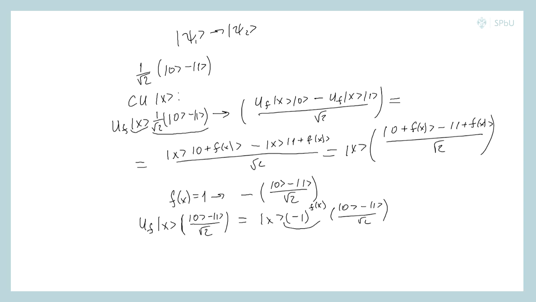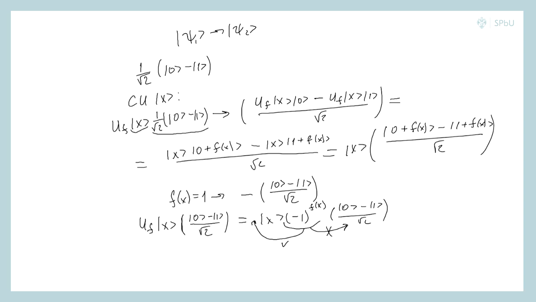The phase factor minus 1 in the power of f of x could be associated not with the state of the target qubit, but with the state of the control qubit.